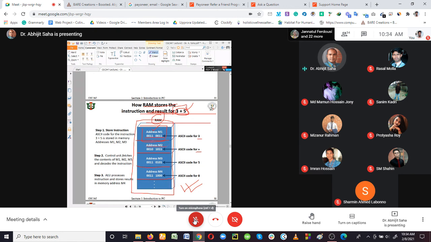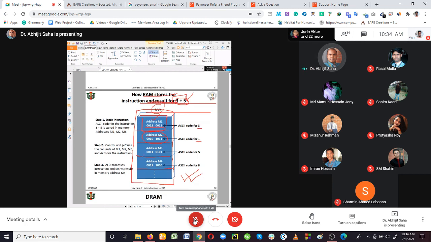This is the location where the plus operator has been stored in the RAM. And the ASCII code of the 5 is stored at address M3 in the memory block. So these three instructions are stored in these three different locations.